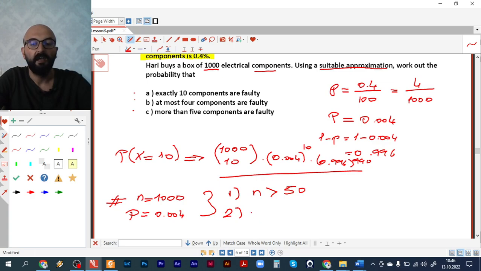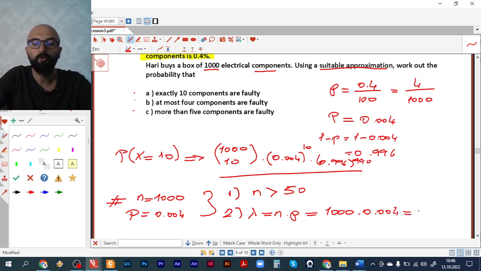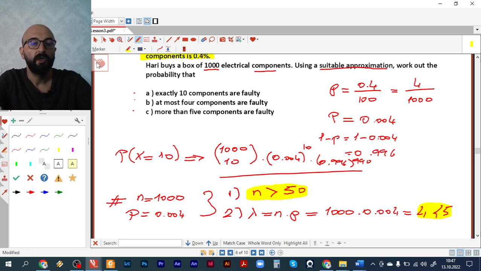Second one, lambda is n multiply pi, so 1000 multiply 0.004 equals 4, less than 5. Both situations show us we can use the Poisson distribution.